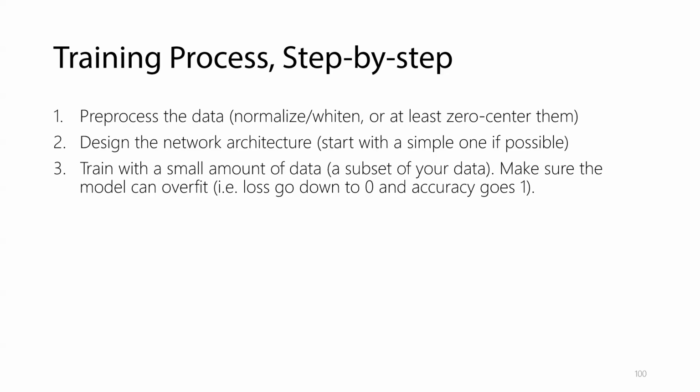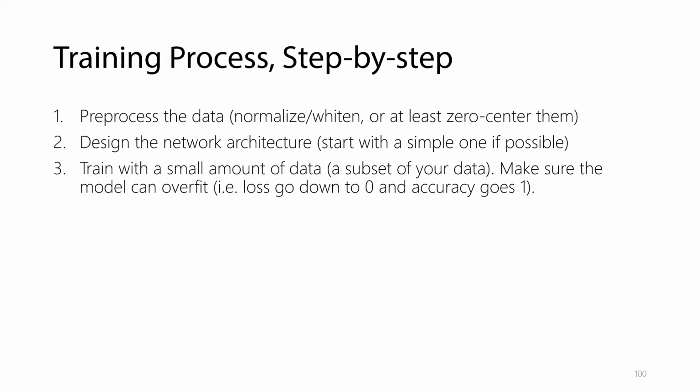Now, this is the really important part. Train your model with only small data, okay? At that point, don't even worry about generalization. Start with a small subset of your data and see if your model can overfit. You guys learned about overfitting and the bias-variance trade-off and things like that, but even before getting there, just go with a small subset of training data.